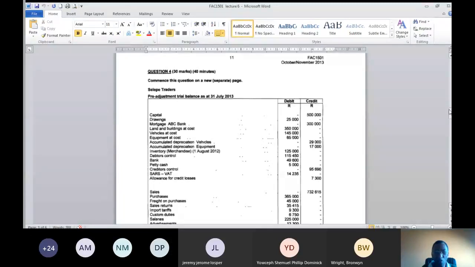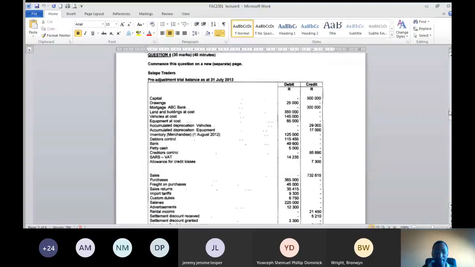And they will give you a pre-adjustment trial balance. So the information that you see in this trial balance is a summary of the transactions for the entire financial year. So during the course of the financial year, these transactions happened and it was recorded in the books of the business.